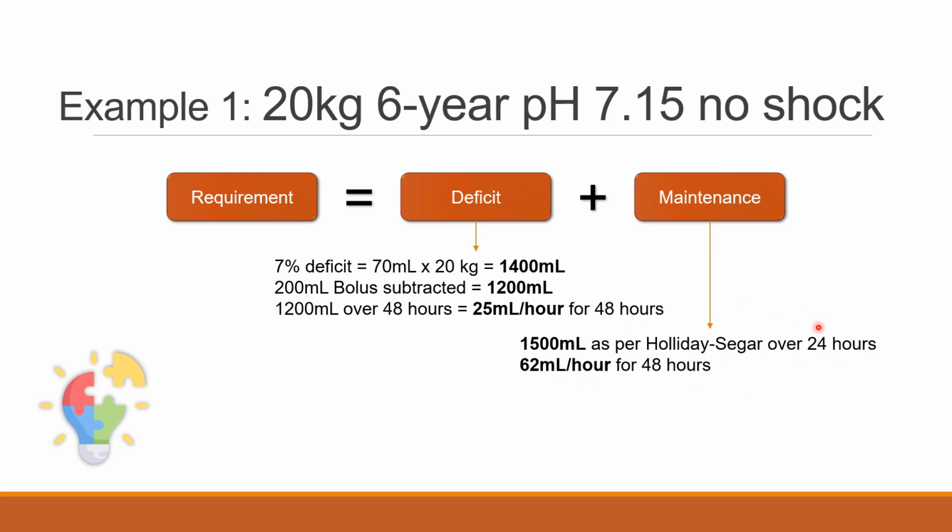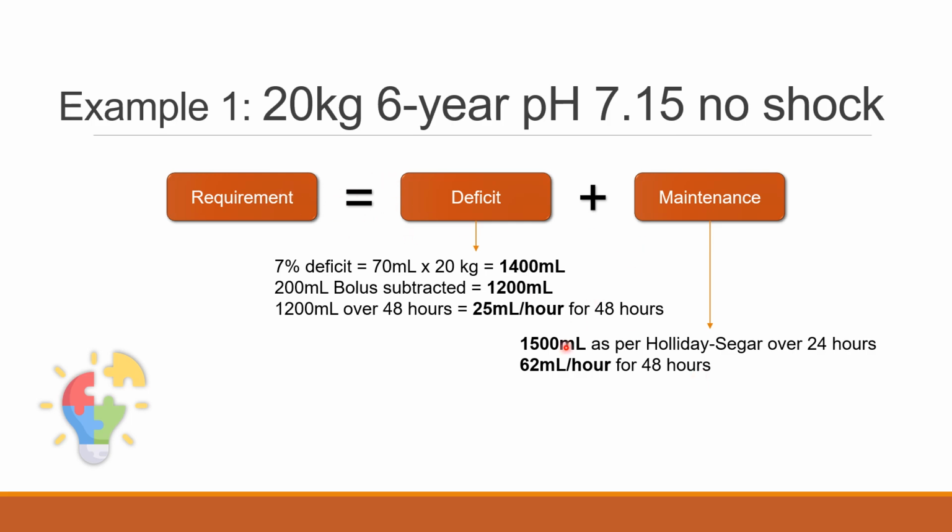So 1500 ml divided by 24, how much is it? It is 62 ml per hour. But we have to continue this 62 ml per hour of fluid along with the deficit till the point the deficit is going on. So this same 62 ml per hour will be going on for 48 hours also. So that's why, what is the total requirement of the fluid now?